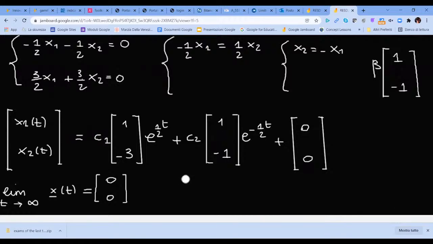That is C2 times 1, e to the minus 1/2 t, and minus C2 times e to the minus 1/2 t.